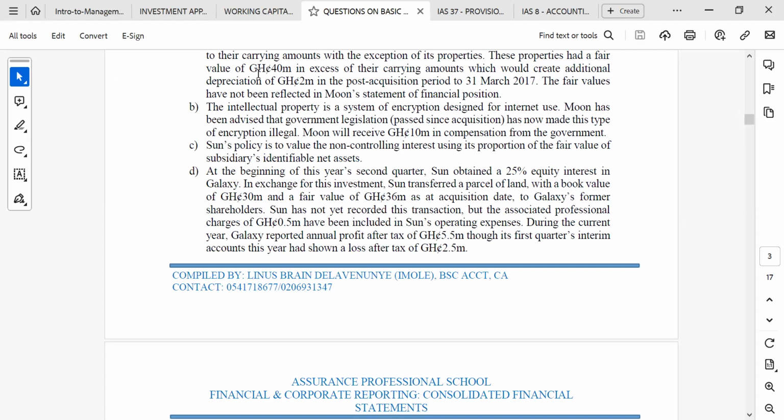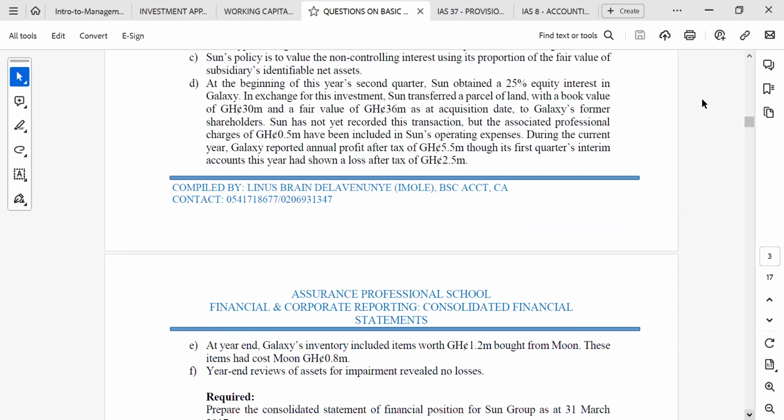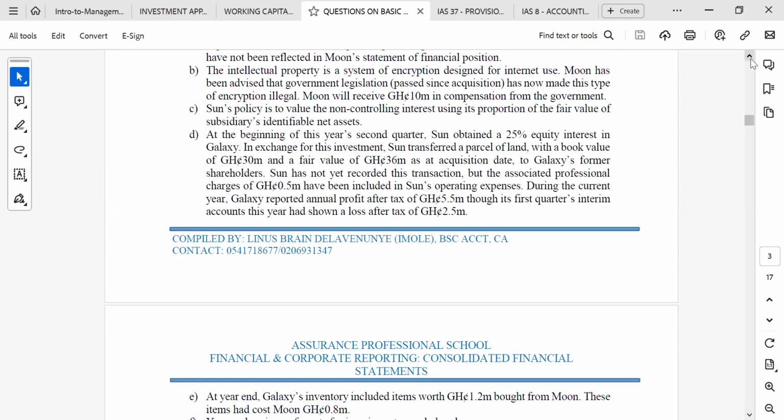Sun has not recorded this transaction, but the associated professional charges of 0.5 million have been included in Sun's operating expenses. During the current year, Galaxy reported annual profit after tax of 5.5 million, though its first quarter interim account this year had shown a loss after tax of 2.5 million. Okay. So that is cool.